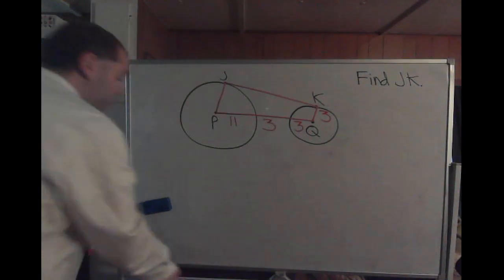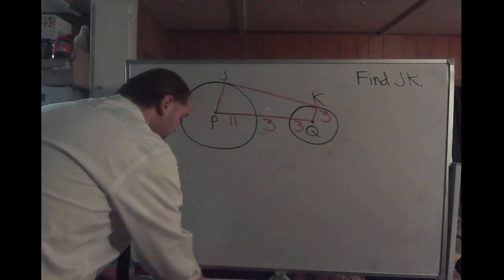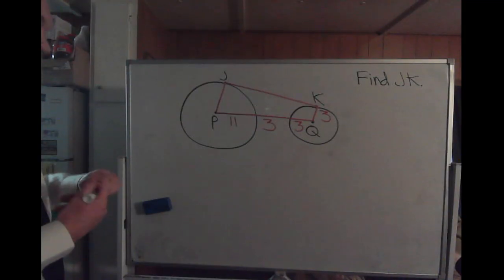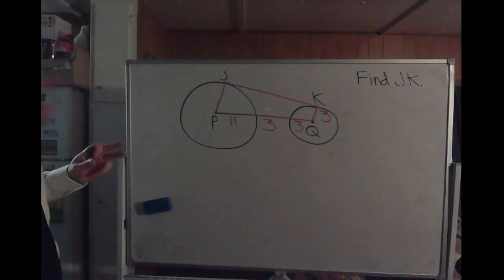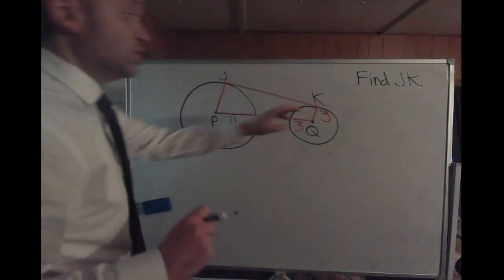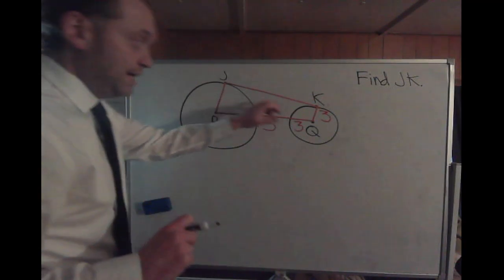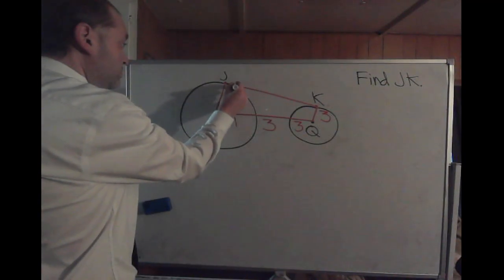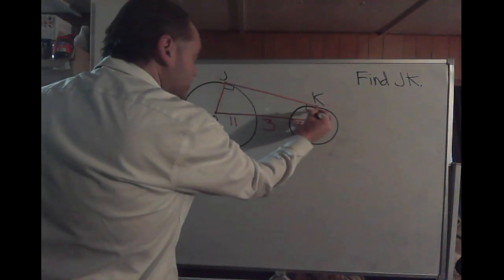And you're probably looking at this like, how in God's name am I going to find JK? Well, remember we have a trusty thing called auxiliary lines. First, let's start with the fact of what? The fact that tangent lines are perpendicular to the radii at the point of tangency. That's going to go a long way here. You're going to see why in just a minute.